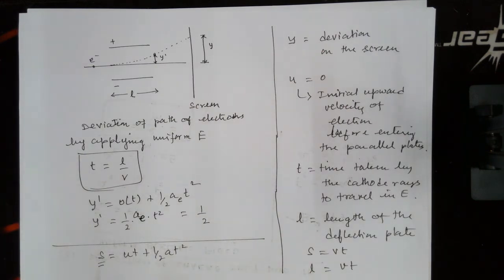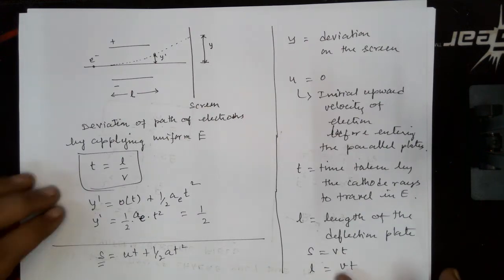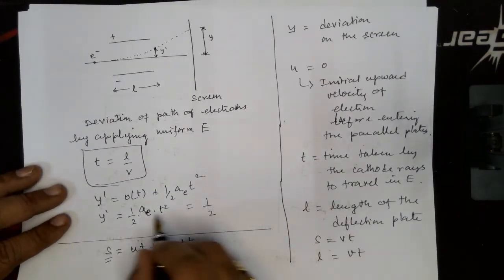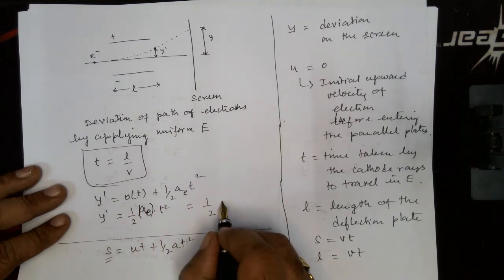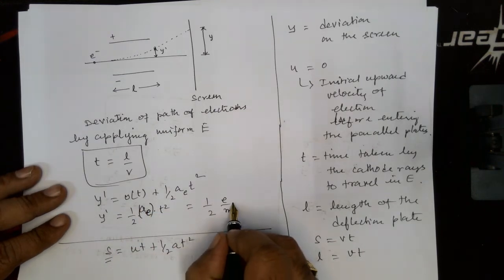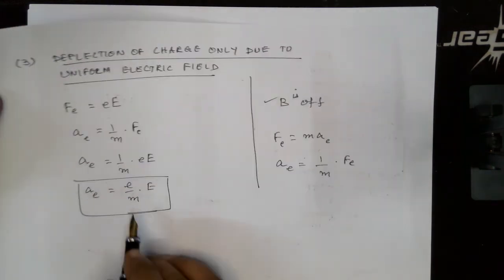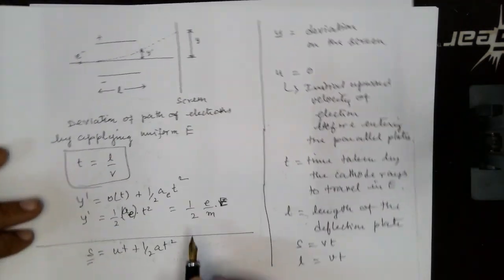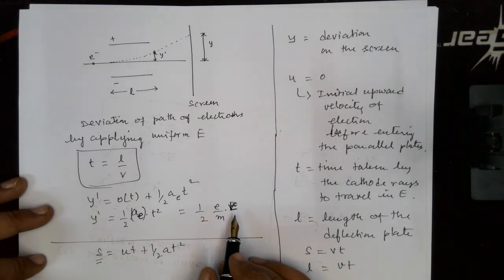We have already the acceleration of electron as e by m into E. We can replace this, is it not? So instead of this one you can put e by m into E. Got it? So e by m into E, and then t square.